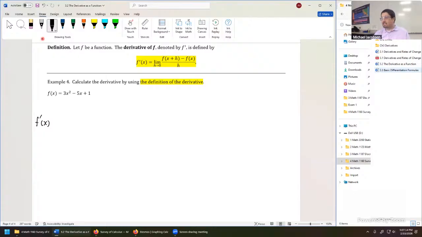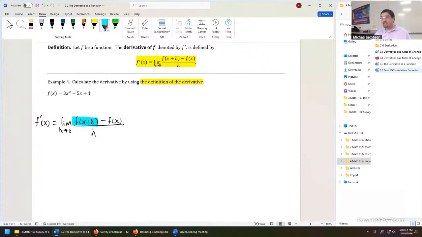The derivative of f at x is equal to the limit as h goes to 0, f at x plus h minus f of x. If you did this problem, say, on exam 2 or the final exam, I'll say this part right here to alert you it's through this definition. But I don't care if you put in an a or an x. You're going to be doing the same problem either way.